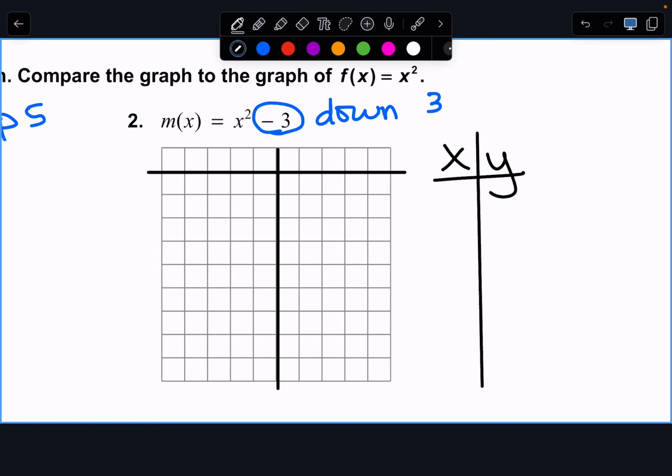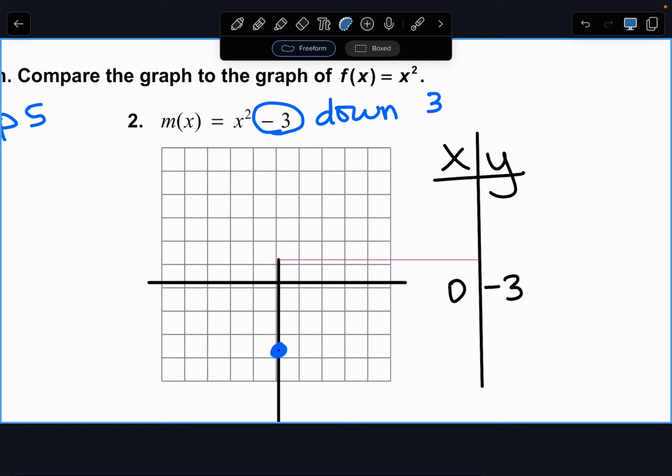Where's our vertex? 0, -3. What way does it open? It opens up, so I'm going to move this down a little bit.